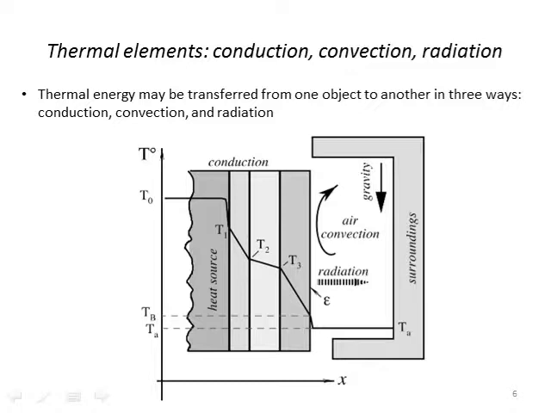These 3 layered materials where we have a temperature drop from T1 to T2 to T3, and then T3 drops to a temperature at its surface. Okay, so the temperature of the heat source is going to be what we call dissipated or dropped across each one of these particular slabs. That's thermal conduction.